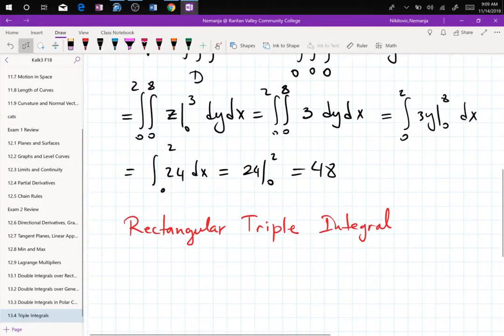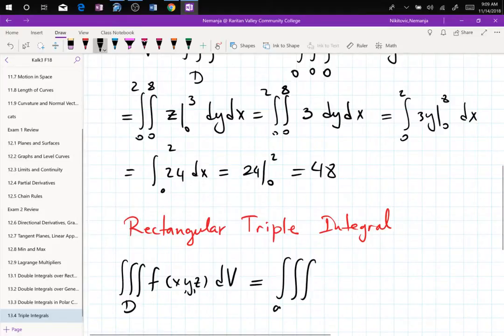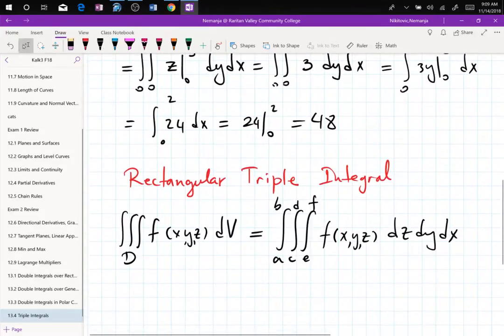It would simply be the triple integral f(x, y, z) dV over region D, which would be the integral from a to b, c to d, e to f of f(x, y, z) dz dy dx, but the order can be changed.